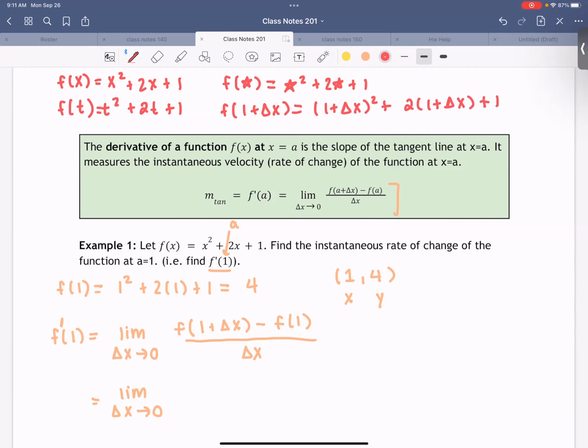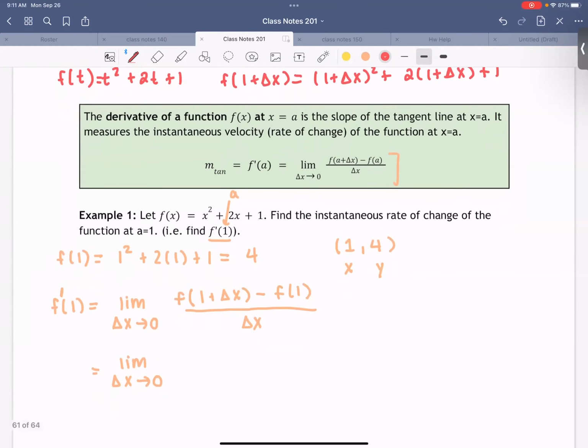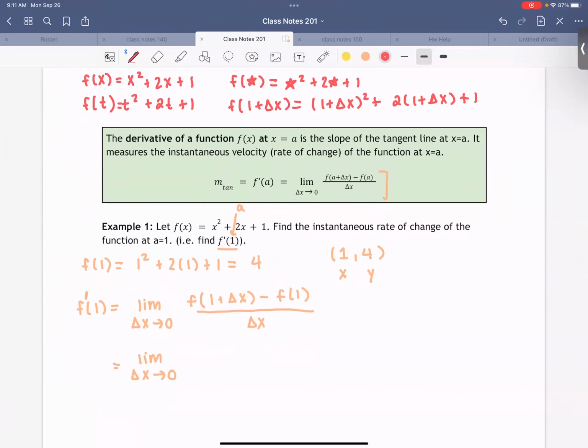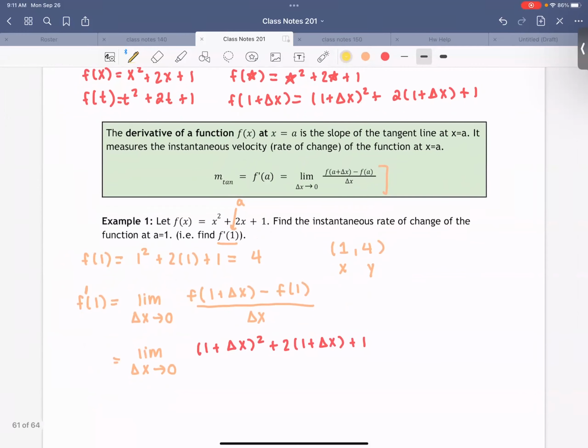So all this is saying is take whatever's on the inside of the parentheses and plug it in for x. That's all we're doing. So f of 1 plus delta x here is (1 plus delta x) squared plus 2 times (1 plus delta x) plus 1. All of this that I wrote here is f of 1 plus delta x.